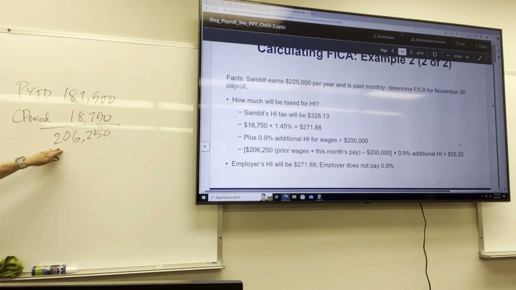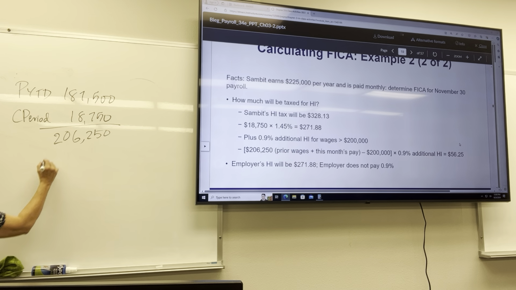So now they're at 206,250, and they reached that point. So they reached that $200,000 mark during this pay period, which means some of that current pay is going to be subject to that additional Medicare tax.